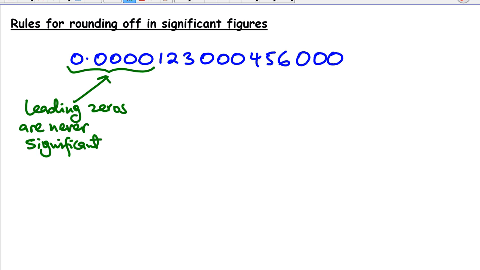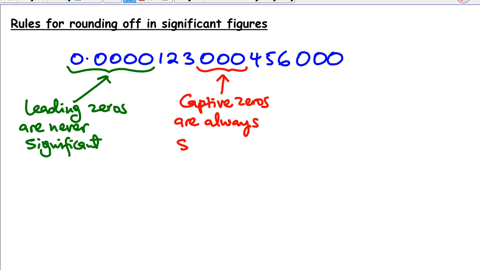Okay. Now, these zeros here, I'll call them captive zeros. Now, these captive zeros are always significant because they hold a place value in that number.